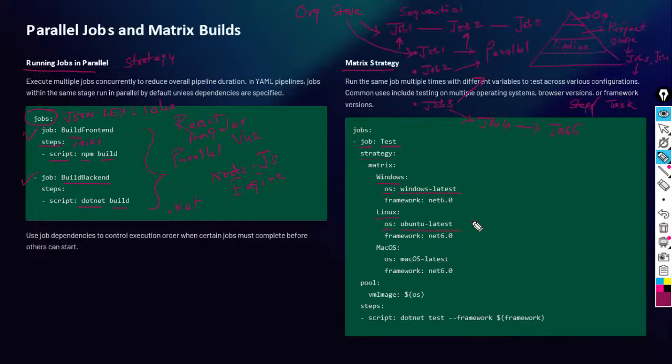It can be Red Hat latest. Let's say I'm using Ubuntu. But if it is Mac OS, can you see Mac OS? You are using Mac OS latest. So depending on your platform or a matrix, the strategy is to use this particular operating system depending on your platform.